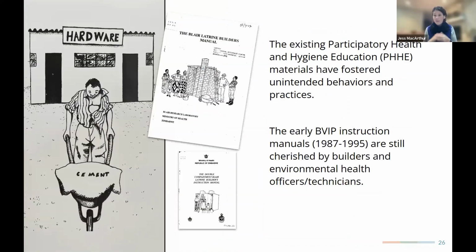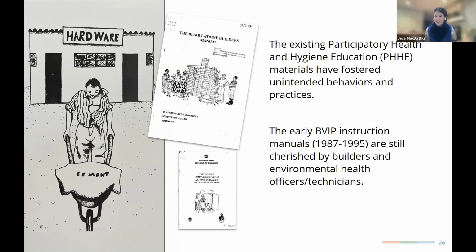So one of the other interesting findings is that the existing materials have fostered unintended behaviors and practices. I highlight the picture on the side where you see this man coming from the hardware shop, and he has in his wheelbarrow 1 bag of cement.